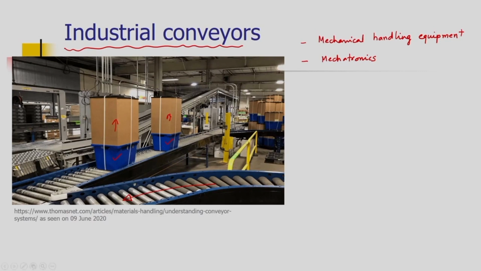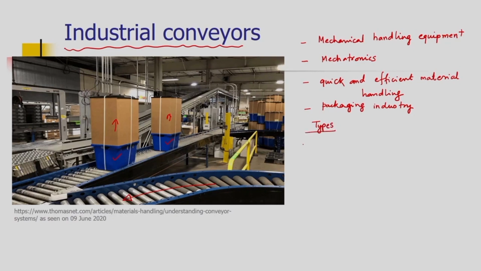As the baskets are moving over the roller conveyor, the goods are taken to their respective destinations. The automated or industrial conveyors are helping to have quick and efficient material handling. They are also widely used in the packaging industry. Various types of conveyors are used in industry, so we will see them one by one.